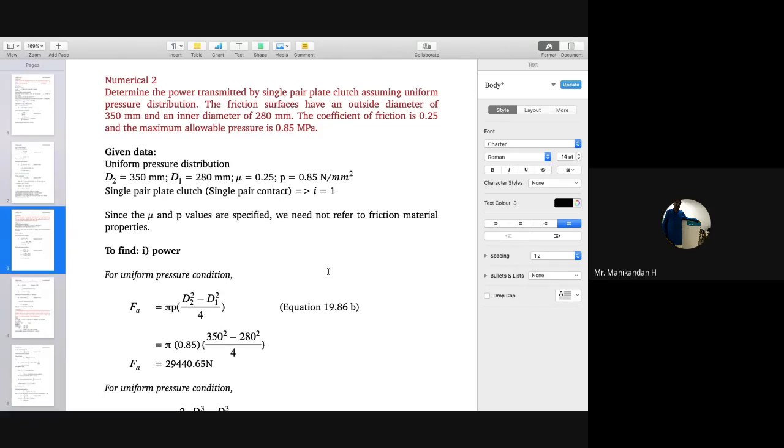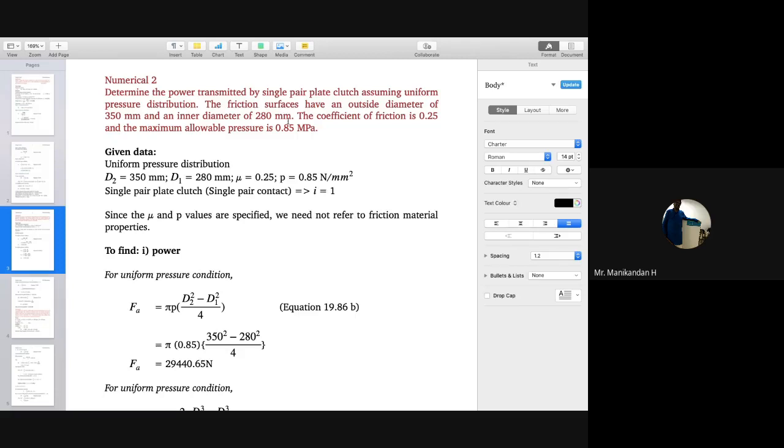As I told you earlier, it is stated explicitly in the question that uniform pressure distribution you have to follow. So the given data is uniform pressure distribution, and inner diameter D1 is 280, outer diameter D2 is 350, and the coefficient of friction mu is equal to 0.25, and the maximum allowable pressure P is equal to 0.85 Newton per mm square.